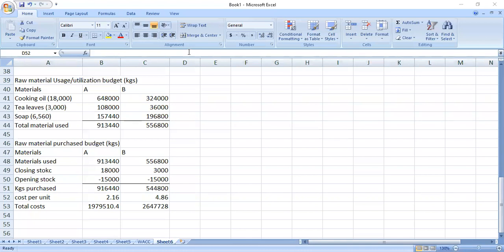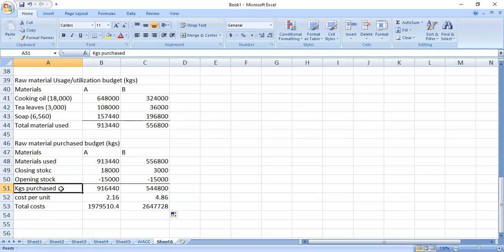So I hope we're clear that you first determine the materials purchased in terms of kgs and units. This step here, where we said you had material used plus closing minus opening, what you get is what they call material purchased.